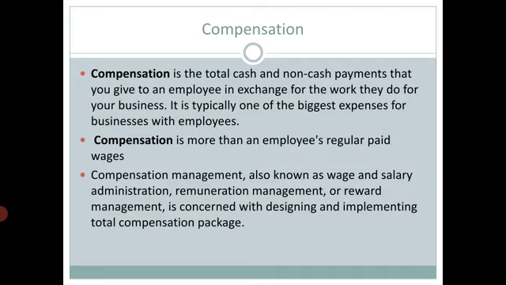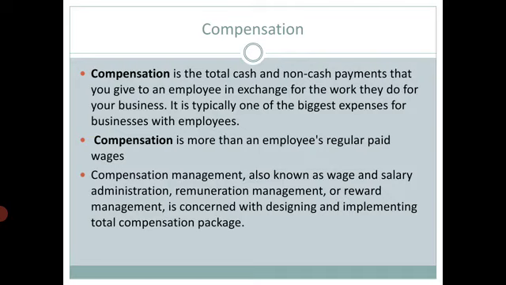Whenever we think about any organization, there are 4 factors of production in your organization. Which are these?